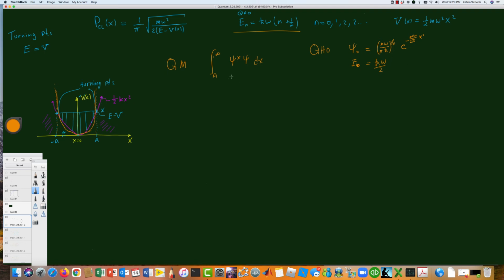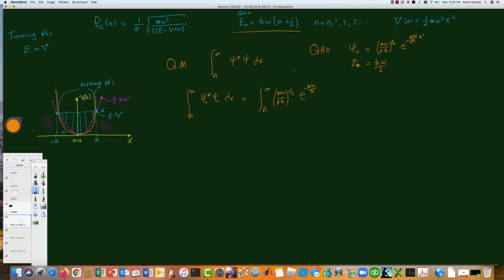So here we can actually calculate that. Now we're going to calculate the integral from A to infinity of psi 0 star psi 0 dx, and we're going to substitute everything in here. This is going to be (m omega over pi h bar) to the 1/2, and then e to the minus m omega over h bar x squared dx.